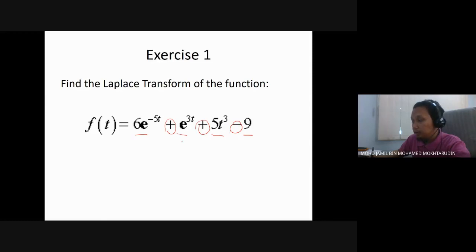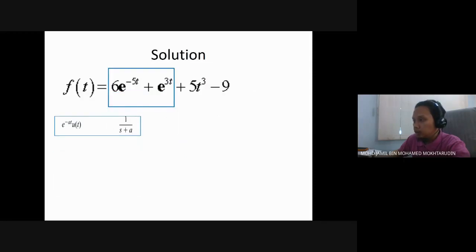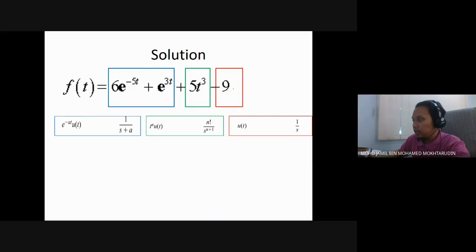So you perform Laplace transform individually and then add up later. The first part is basically 1 over s plus a. The second part is n factorial divided by s to the power of n plus 1. And the last one is 9 u(t). Since u(t) equals 1 for time bigger than 0, we tend to not write it, okay?